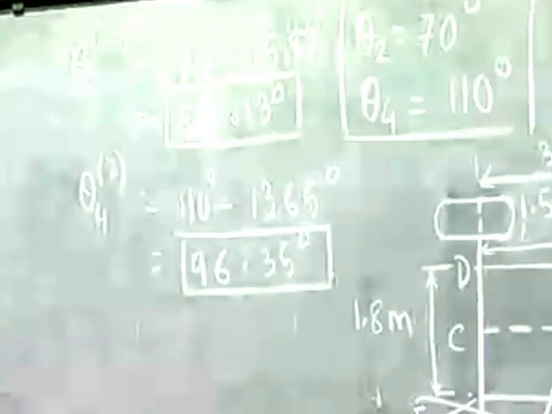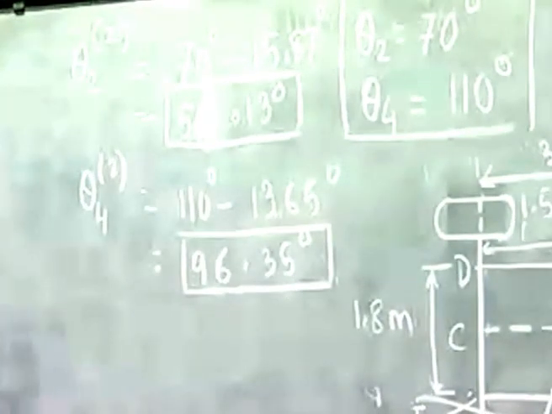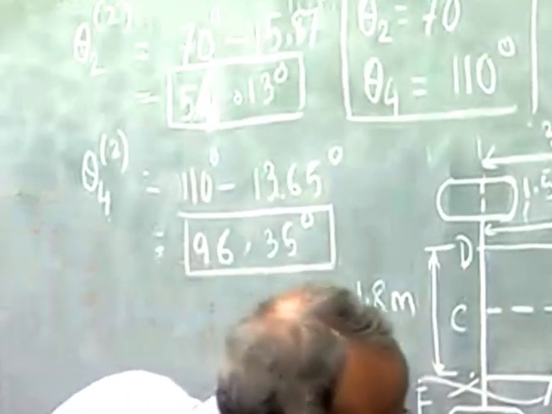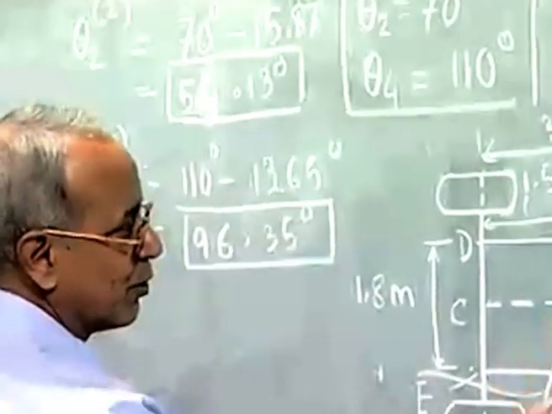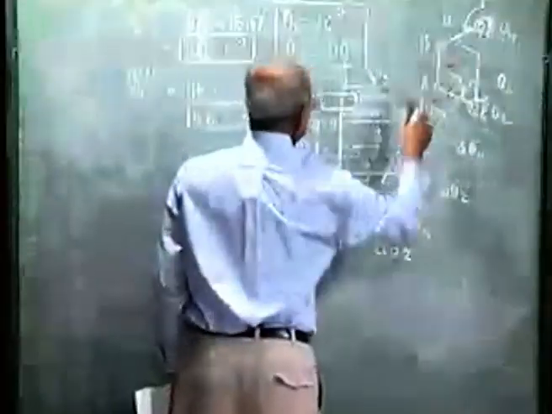So we get two pairs of coordinated movements, two pairs of values of theta 2 and theta 4, which must be satisfied by this 4-bar linkage O2, A, B, O4.